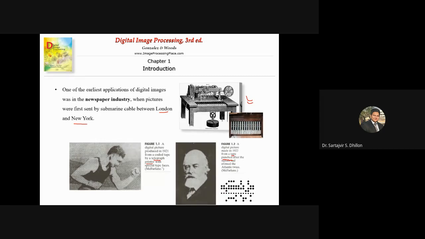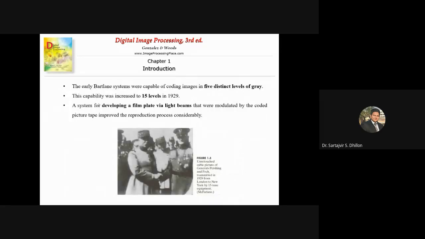So here you can see in figure 1.2, this image is actually created with the help of dots, which is referred to as a tape punch machine. The next important point is that the earlier Bartlane systems were capable of coding images up to 5 levels of gray.